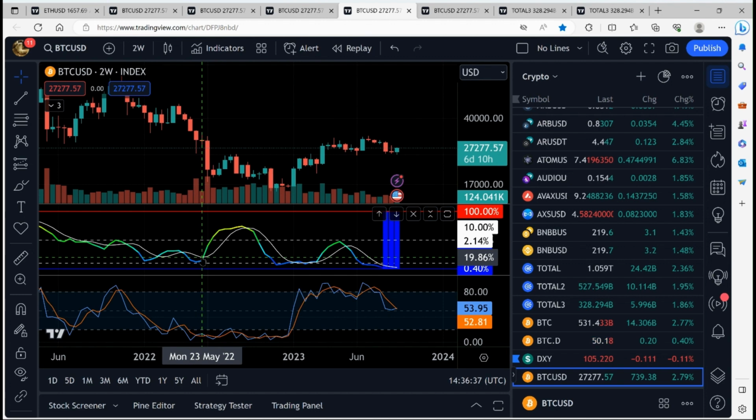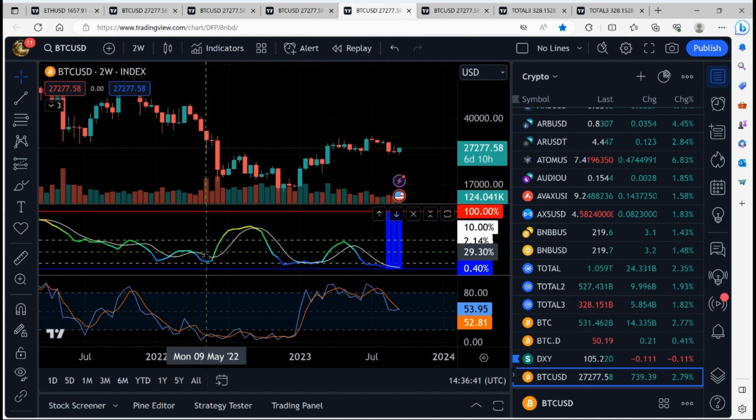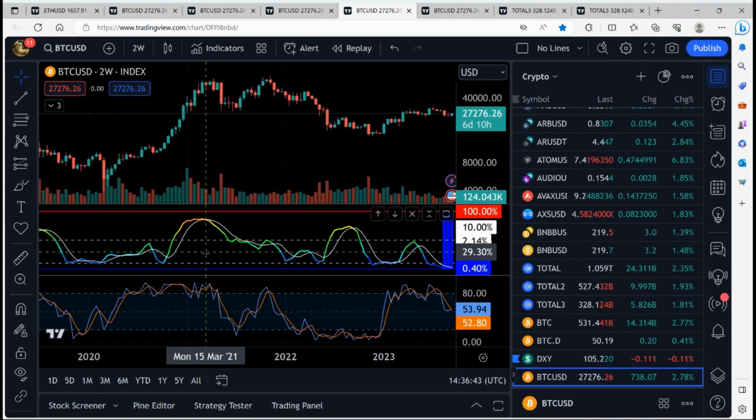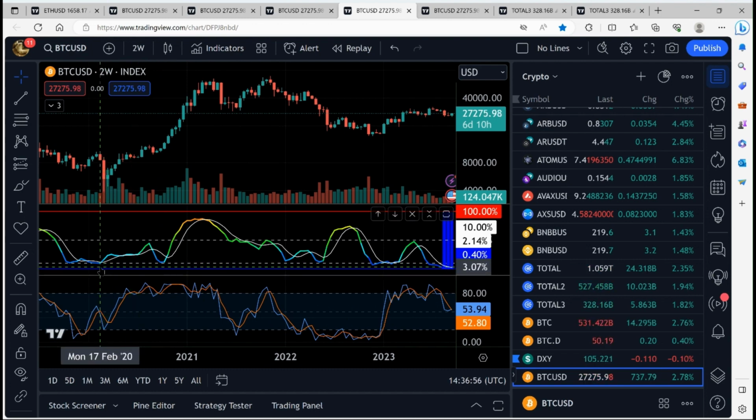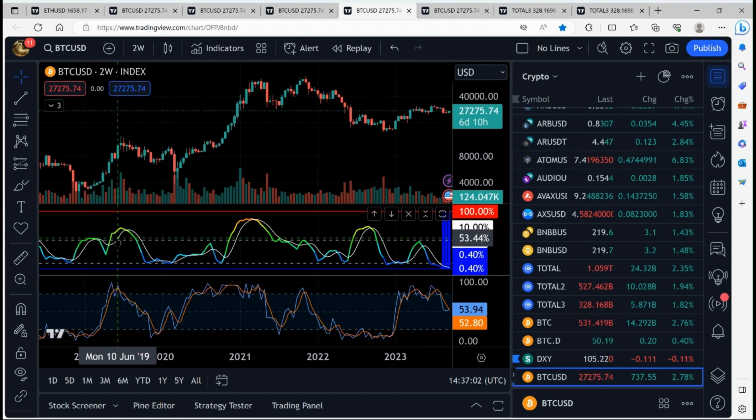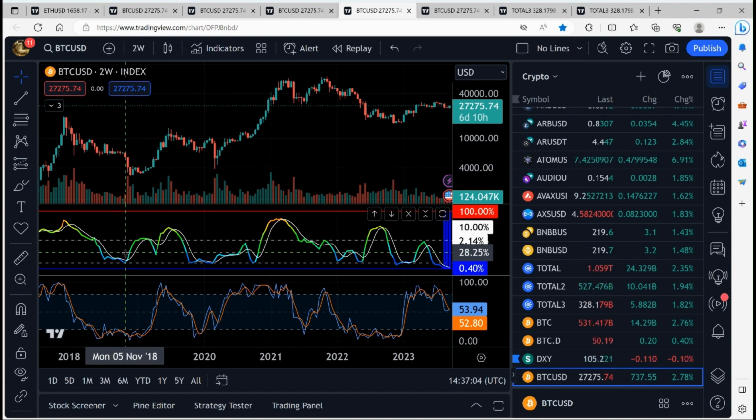Back here, we saw a move downwards back in June 2022. Here, we started our parabolic move upwards. This was COVID right here. We don't really need to look at that. This was another move downwards when we saw expansion.